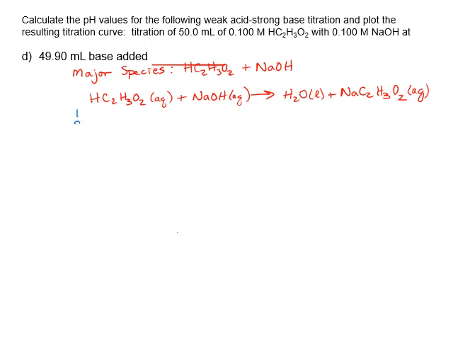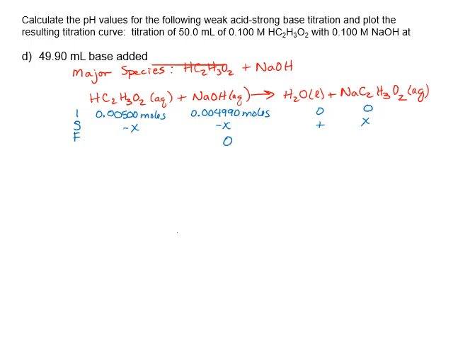We'll set up our stoichiometry table. Our initial moles of acetic acid we calculated before to be 0.0050. This time we're adding 49.9 milliliters of the 0.1 molar sodium hydroxide. That's going to give us 0.00499 moles of sodium hydroxide that we're adding. We assume 0 initial products. Stoichiometry change: minus x, plus x. We still have less sodium hydroxide than acetic acid, so the sodium hydroxide is our limiting reagent.